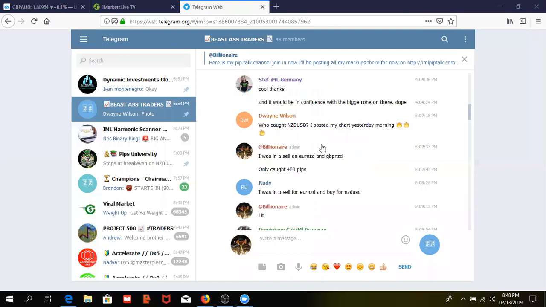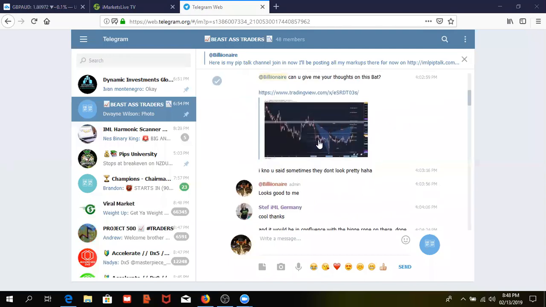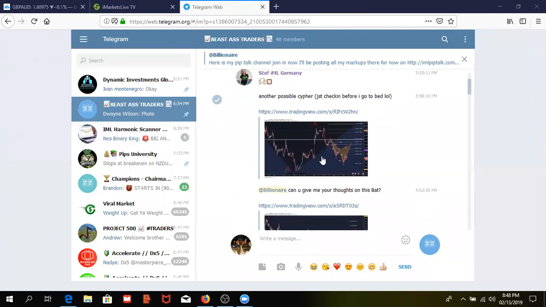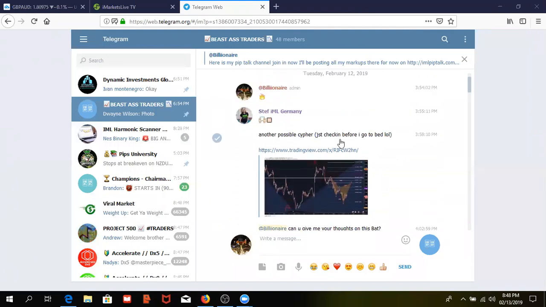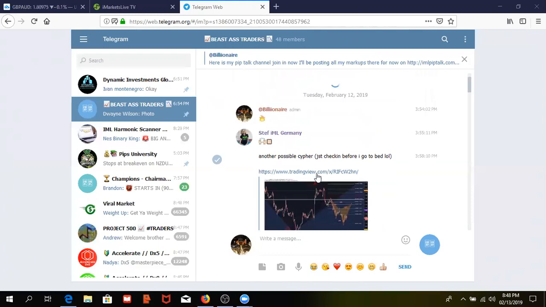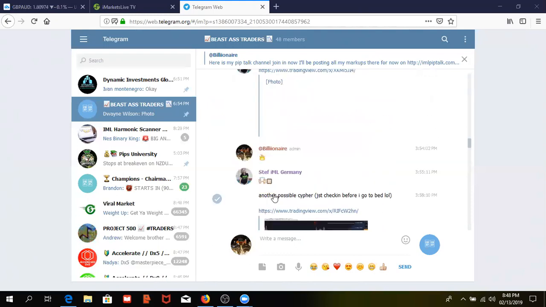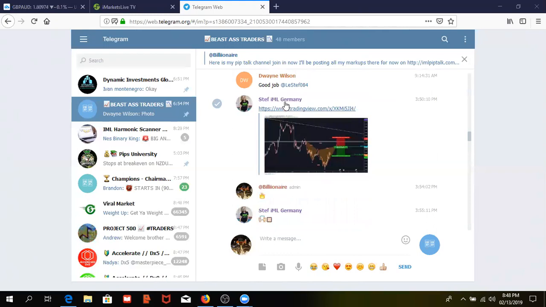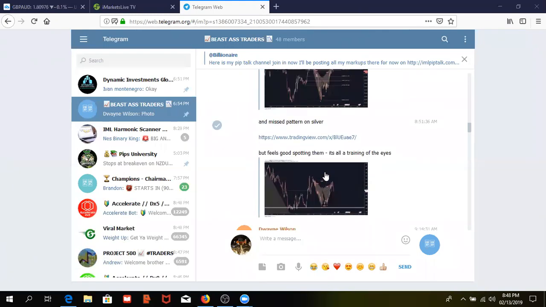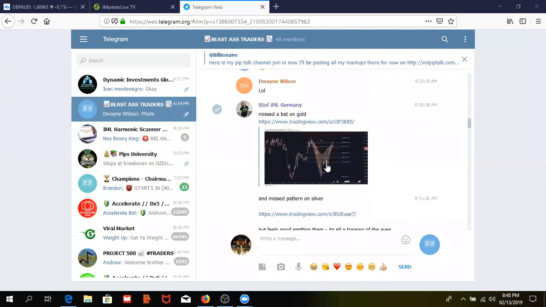So yeah, you can see how they're all marking up their charts and everything. They're seeing a move before it actually happens. Possible cipher right here, she's seeing a move before it actually happens. These are my two most active students in here as well, Dwayne and the others.